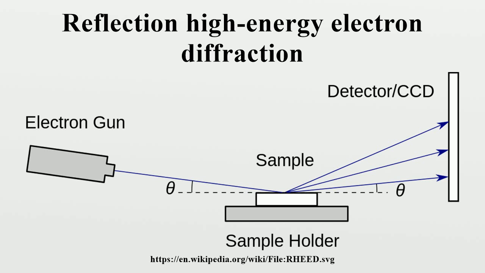RHEED users rotate the sample to optimize the intensity profiles of patterns. Users generally index at least 2 RHEED scans at different azimuth angles for reliable characterization of the crystal's surface structure. Figure 5 shows a schematic diagram of an electron beam incident on the sample at different azimuth angles.